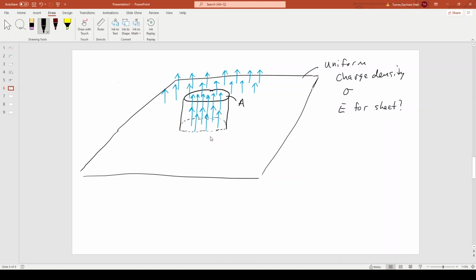And if the sheet is uniformly charged, then the field lines are all straight up. They're all the same strength at the same height above the sheet. And so that is the justification for the E field at the boundary of this face being constant. So then that allows me to pull E out of the integral.